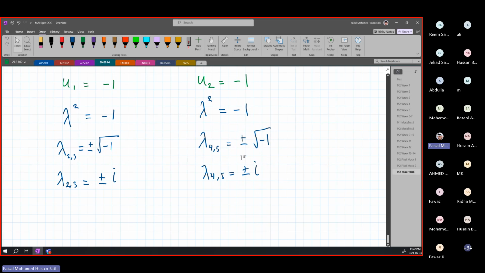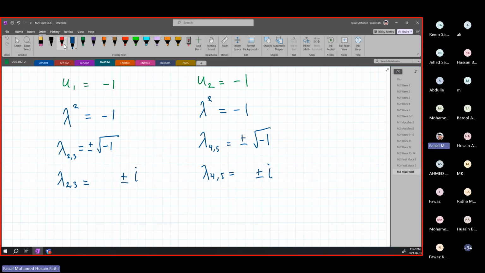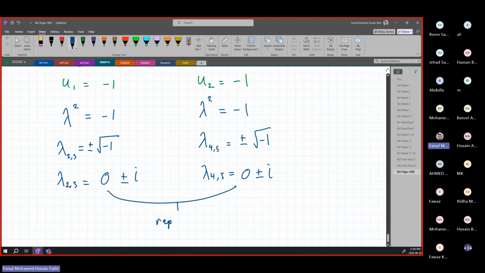And as we have seen before, these are going to be our roots, which are 0 plus or minus i, and 0 plus or minus i. If you notice, this is not in green, this is repeated complex roots.